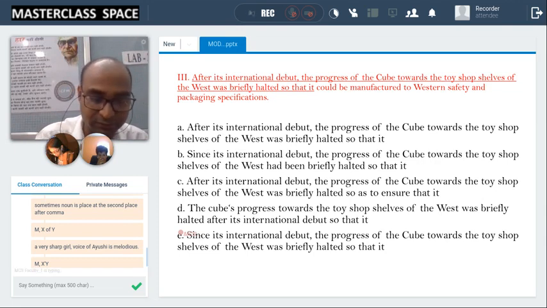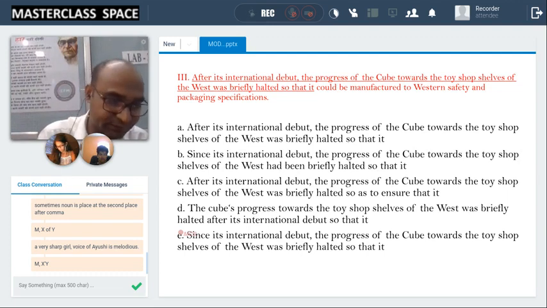Example: a very intelligent girl, comma, Ayushi's idea is powerful.